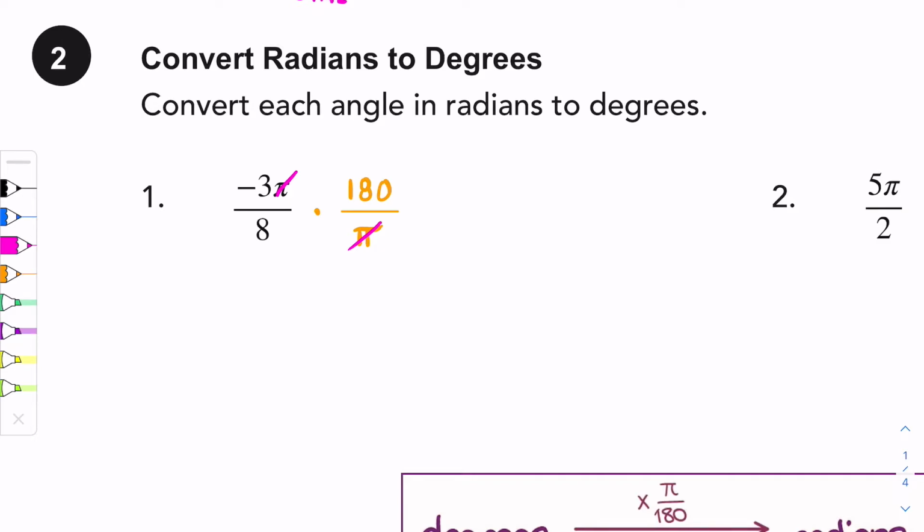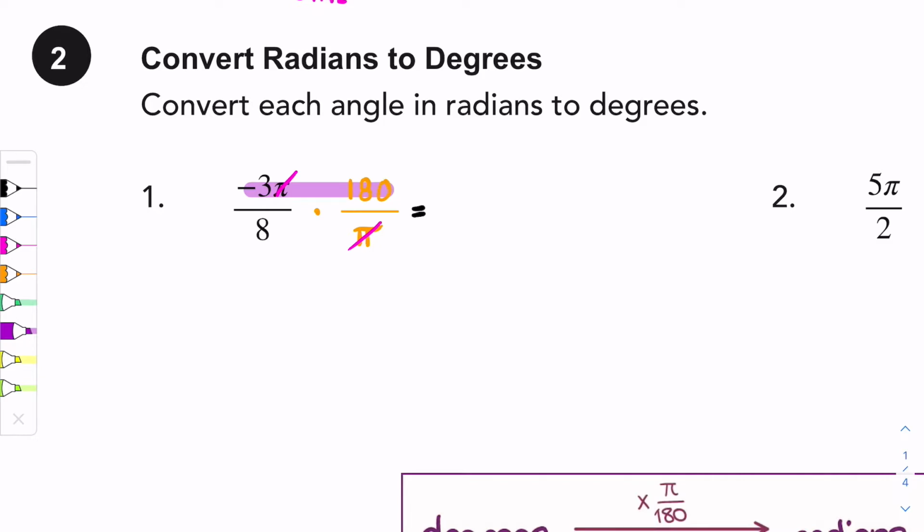Again, multiply by 180 over pi. Right away, we can eliminate the value of pi, and then I can either multiply everything together and divide it out, or I can simplify like terms. It doesn't really matter what you do. I'll multiply everything together. So I'll multiply the numerators.